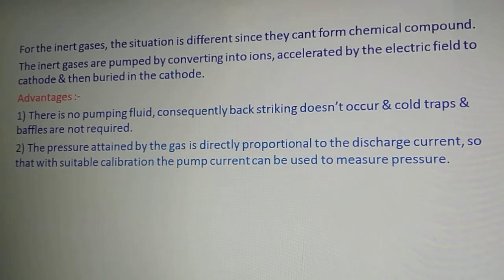Now, what are the advantages of this sputter ion pump? There is no pumping fluid, consequently back streaming doesn't occur and cold traps and baffles are not required. The pressure attained is directly proportional to the discharge current, so that with suitable calibration the pump current can be used to measure the pressure.